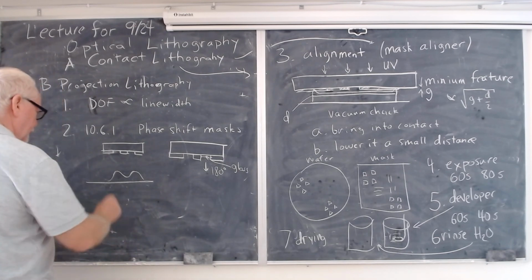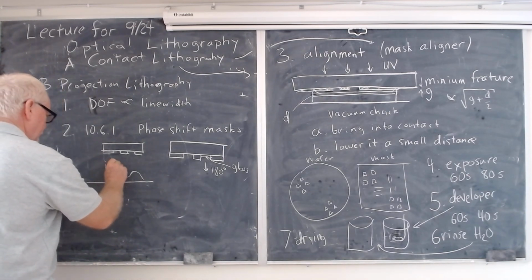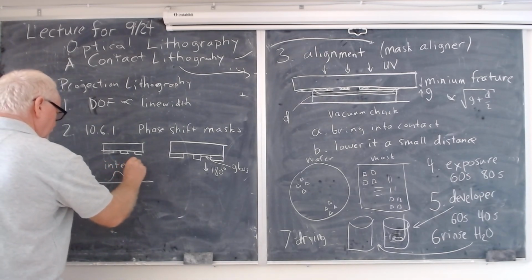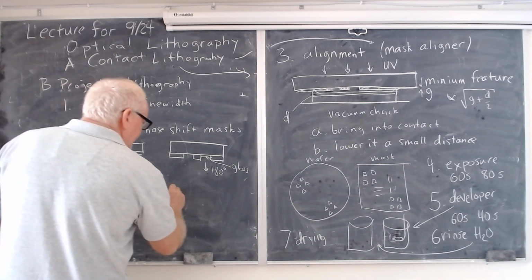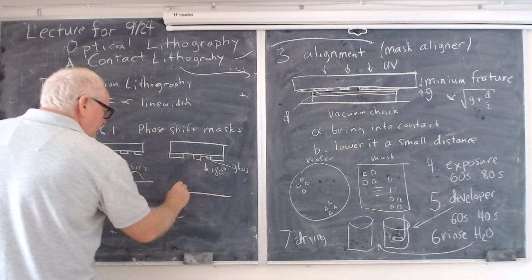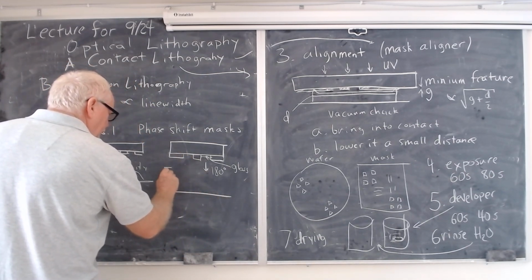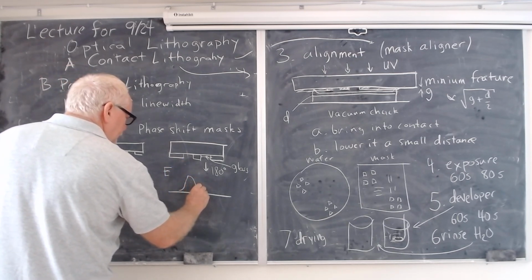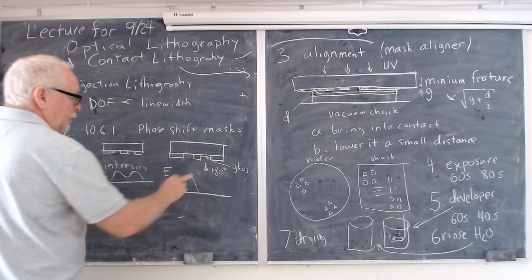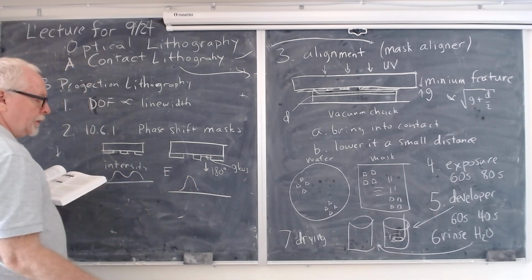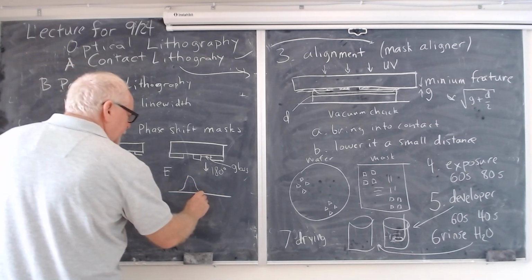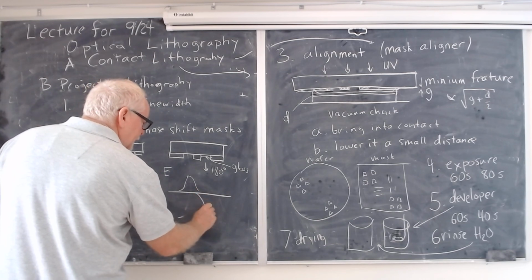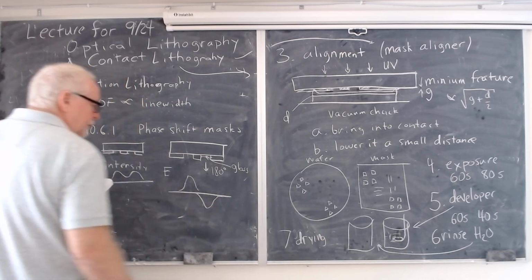Now, this is the intensity, and what happens with the phase shift mask is that if you draw the electric field here, it looks like that. On this side, because it's flipped at 180 degrees, the electric field is the opposite.